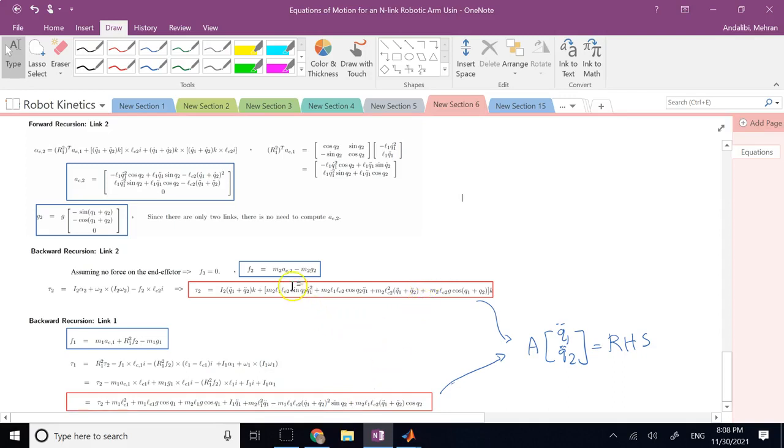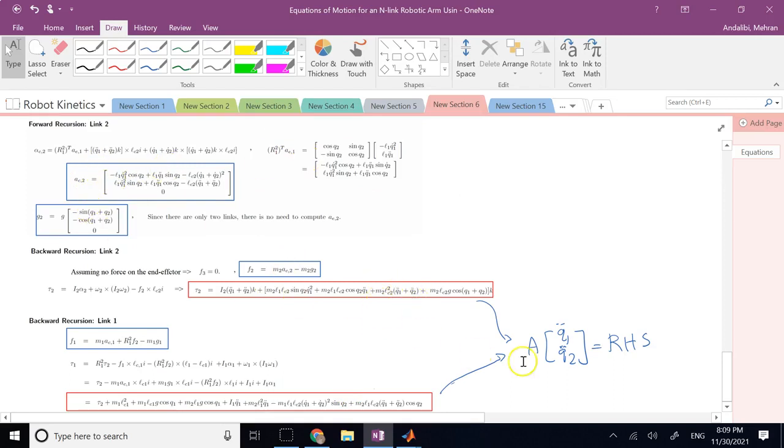Now these two equations will give you Q1 and Q2 when you use ODE45, right? And ODE45 gives you Q1 and Q2. So you can also have Q dots and Q double dots. Then you can go and calculate AC1 and AC2 based on these formulas.